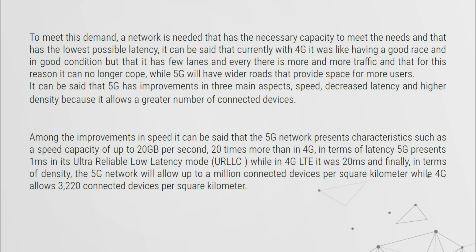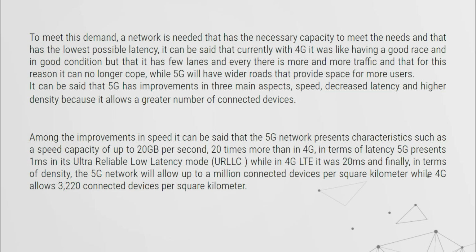It can be said that 5G has improvements in three main aspects: speed, decreased latency, and higher density, because it allows a greater number of connected devices. Among the improvements in speed, the 5G network presents a speed capacity of 20 gigabytes per second, 20 times more than in 4G.